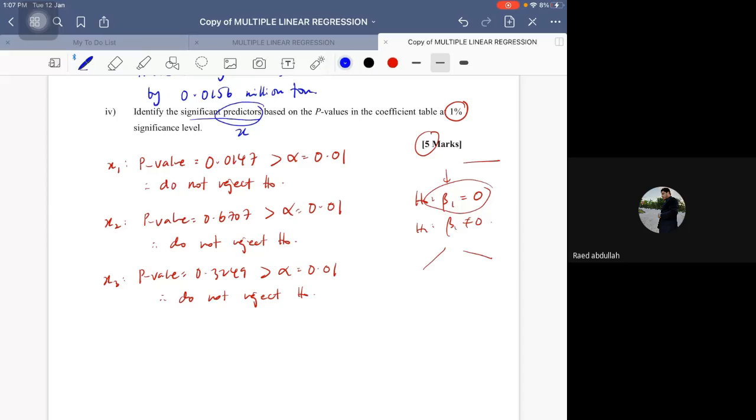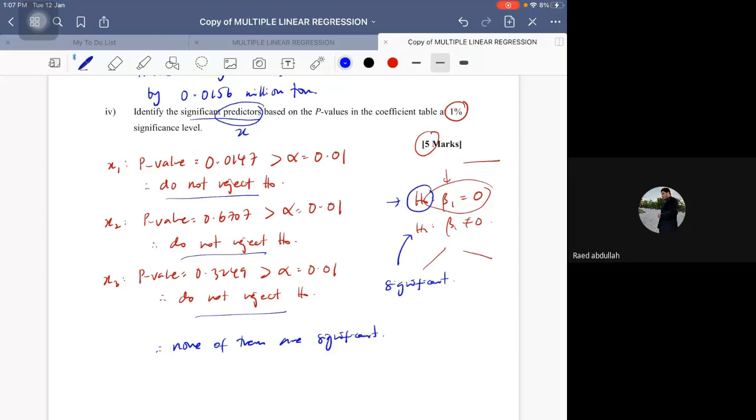As I mentioned just now, only when you get H alternative is your variable going to be significant. However, for all these three cases, we do not reject H null, meaning that H null is actually true. So what can I say about significance is that none of the variables is actually significant. Therefore, none of them are significant.